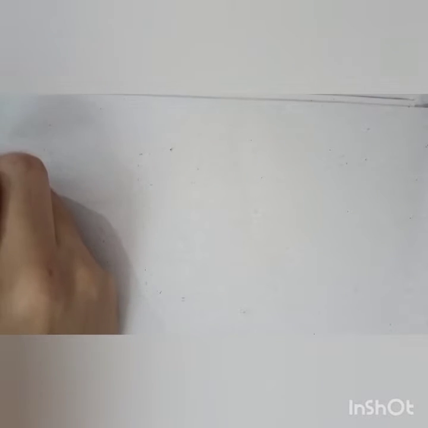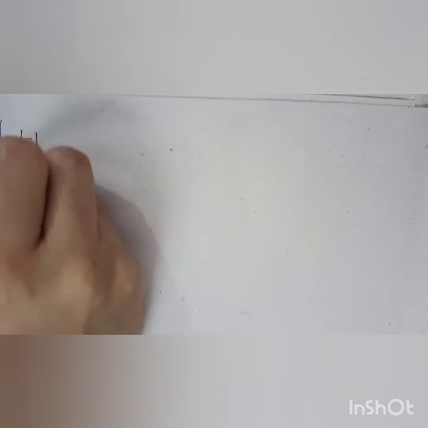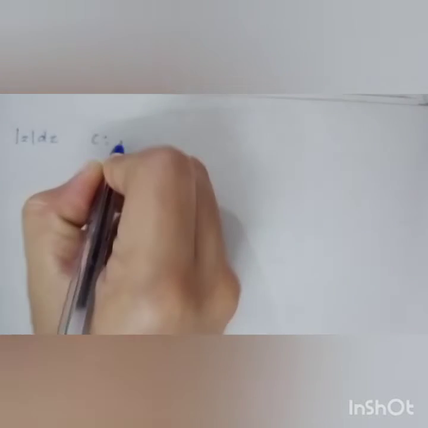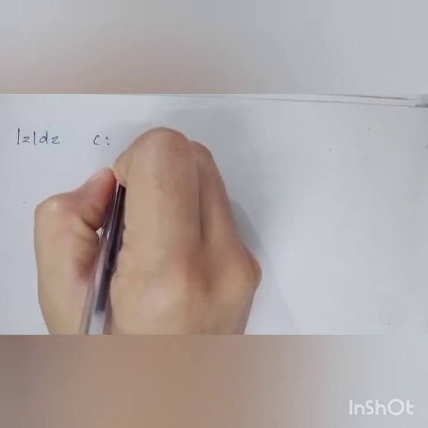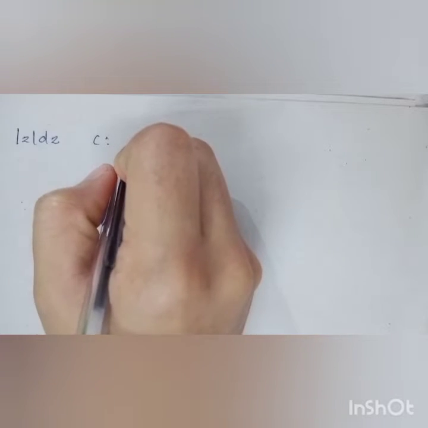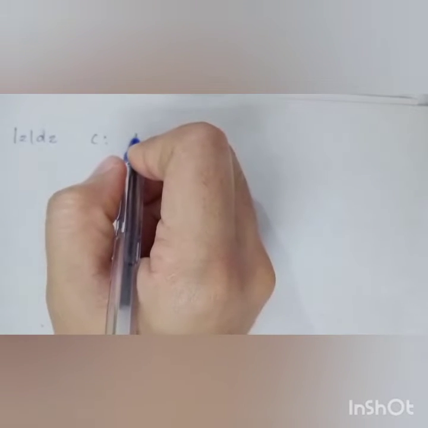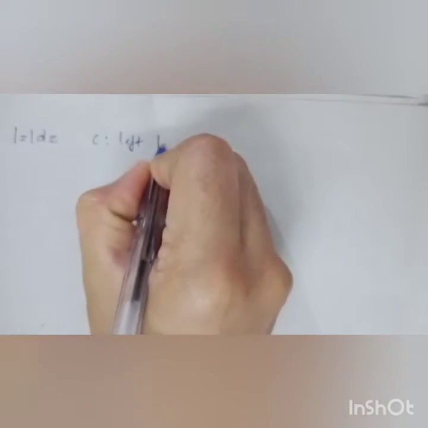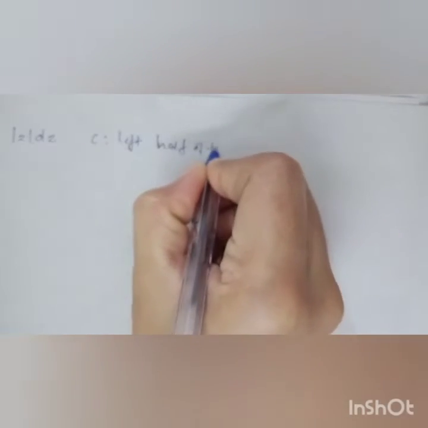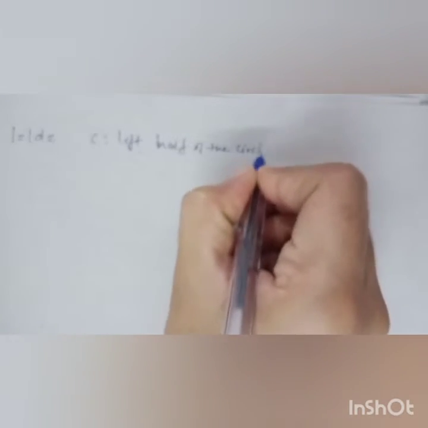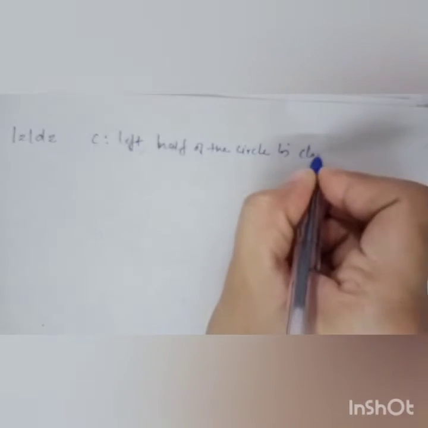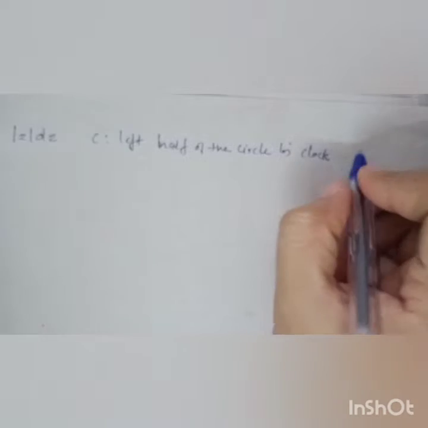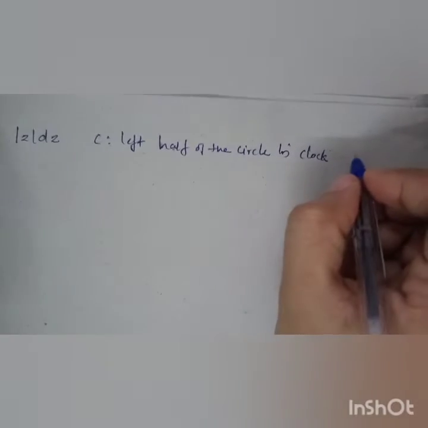Next problem, that is integral over C of mod z dz, C such that left half of the circle in clockwise direction. Left half of the circle in clockwise direction. Okay.